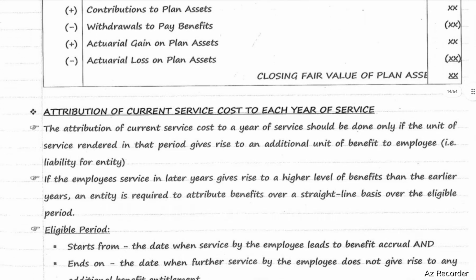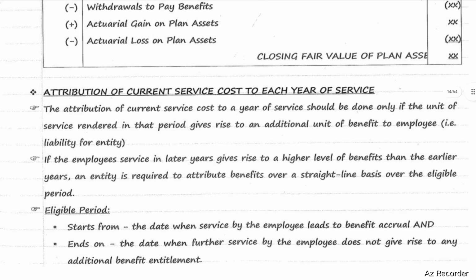Next, attribution of current service cost to each year of service. The attribution of a current service cost to a year of service should be done only if the unit of services rendered in that period gives rise to an additional unit of benefit to the employee, that is a liability for the entity.